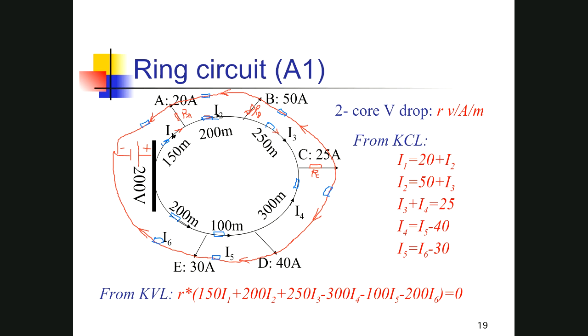You have RD. You can define these as R1, R2, R3, R4, R5, and R6. It doesn't matter.